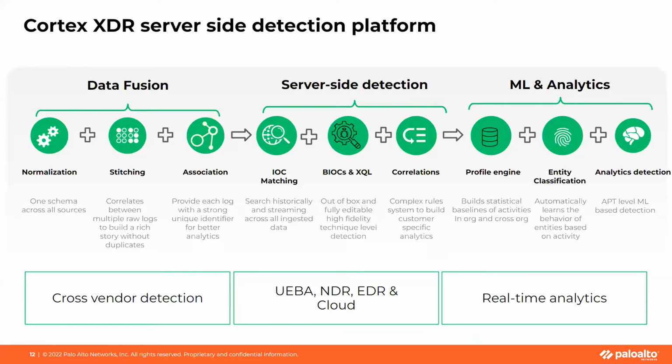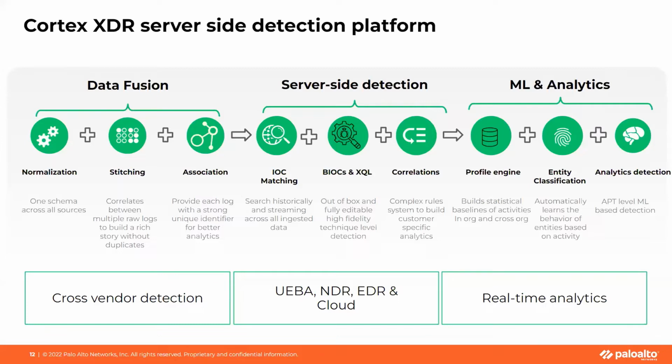These enriched events are then pushed into several server-side detection modules, matched for IOCs, behavioral IOCs, XQL BIOCs, and correlations that customers can then freely add to the product. Afterwards, these enriched events are pushed into the analytics engine, in which profiles and roles are learned from them.